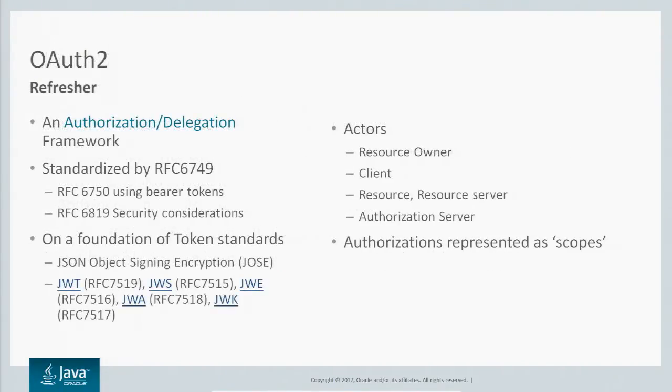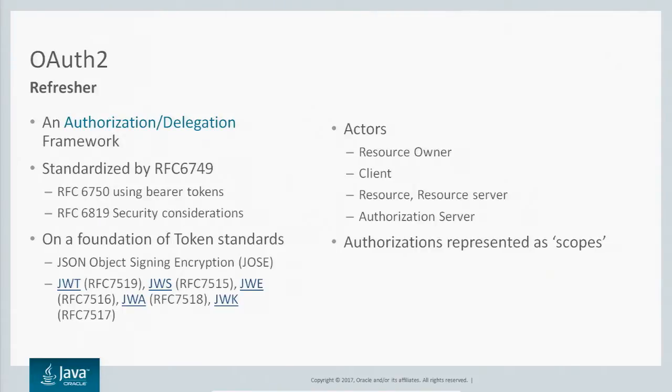I'm not going to talk a lot about details of OAuth II, but basically it's an authorization and delegation framework. There are some RFCs that define it, based on existing work defining token types. One particularly interesting and challenging thing about OAuth II for Java is that there are multiple identities involved.